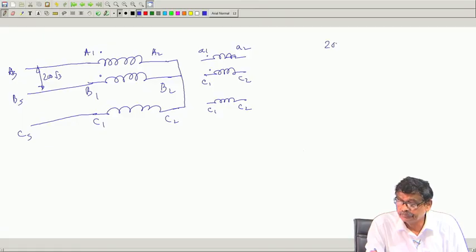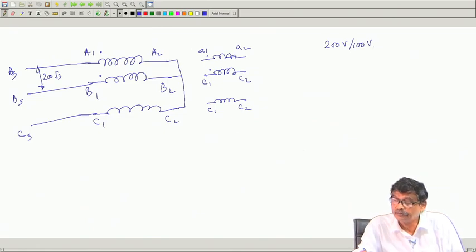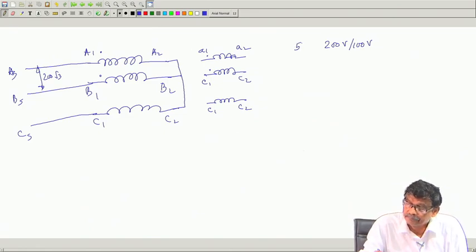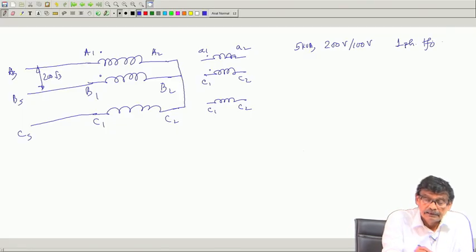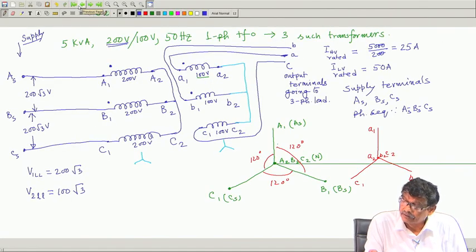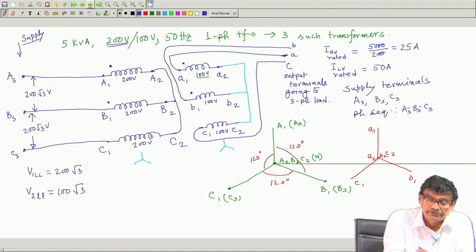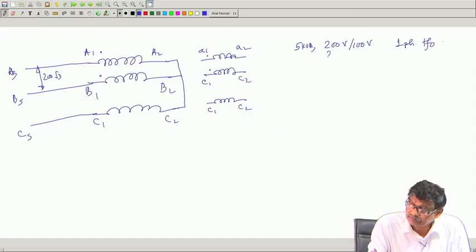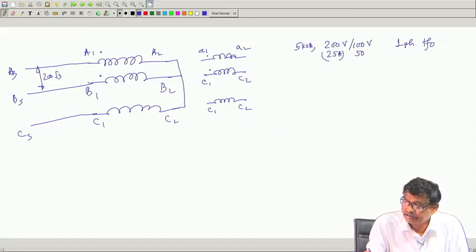Because rating of each of the transformer was 200 volt, 100 volt, 5 kVA, single phase transformer. And rated current of the HV side was 25 ampere, and the rated LV side will be higher, 50 ampere, 2 times.